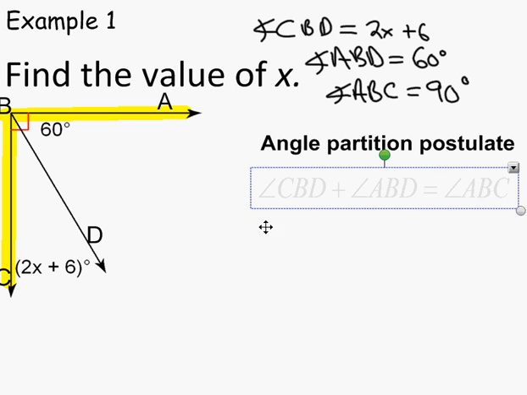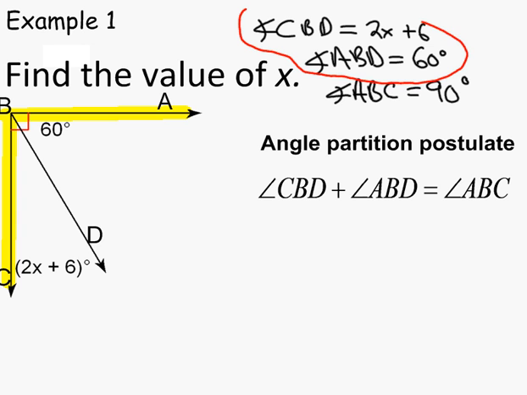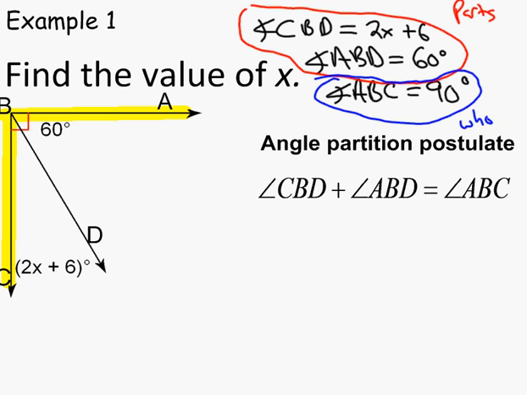These two angles here, CBD and ABD, are the parts, and angle ABC is the whole. So the sum of the parts is equal to the whole.